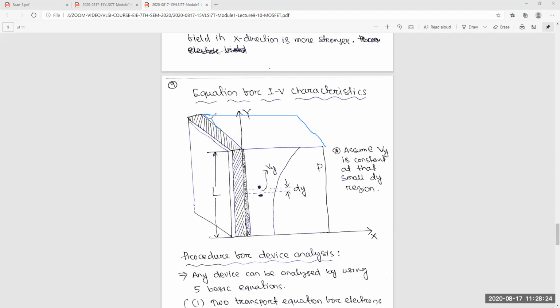Suppose this is the source, this is the drain. Throughout this region, current will flow in this direction. I am only showing the 2D front view.